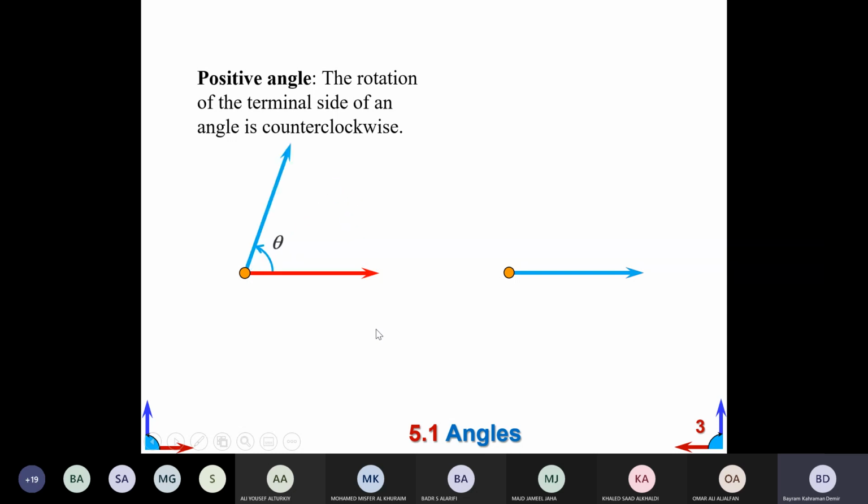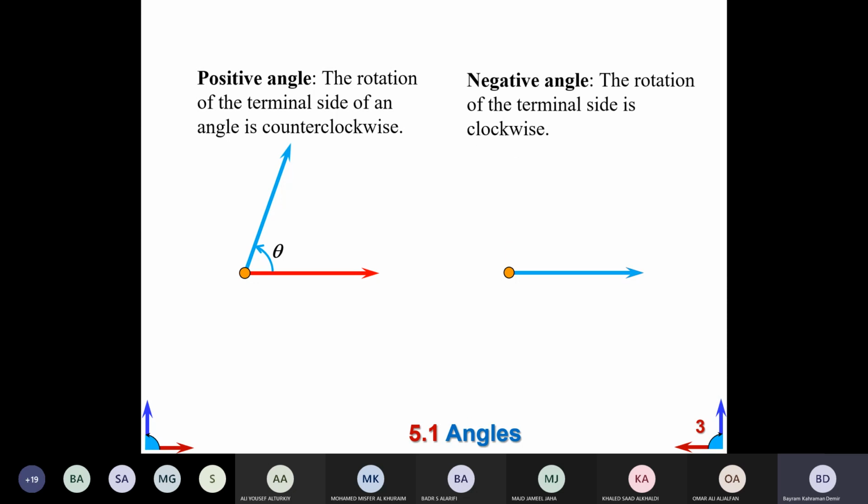So this is the opposite of the clock, right? So it is called the positive angle. But if you rotate it just like a clock, that means clockwise, you're going to get the negative angle, as you see in the picture. So you have the negative angle like that.